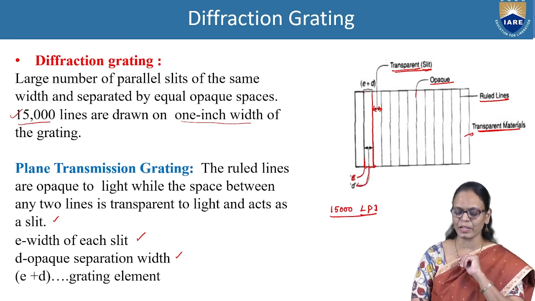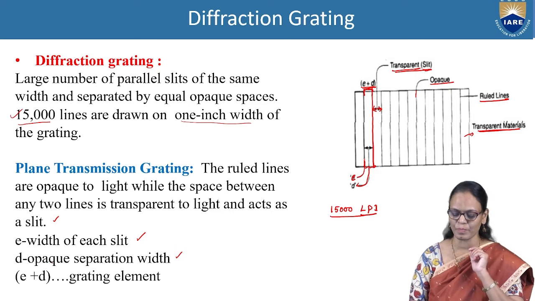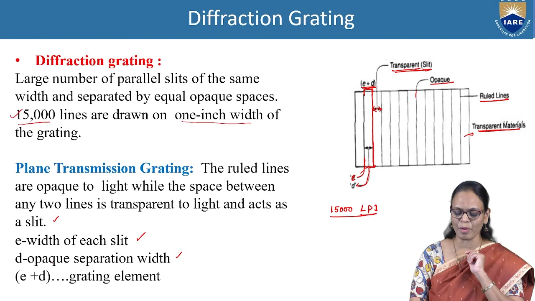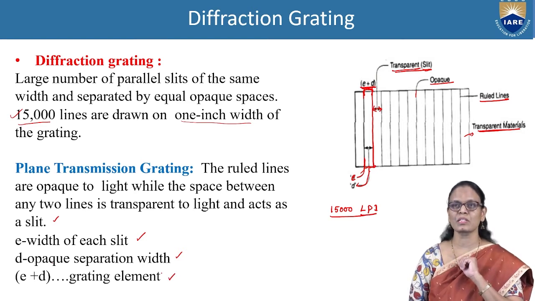So the total distance between this line and this line is e plus d. Of course, it is very small, but still we have to consider both. This is e and the separation is d. So from this line to this line, if you have to measure, that is e plus d, which we call the grating element.